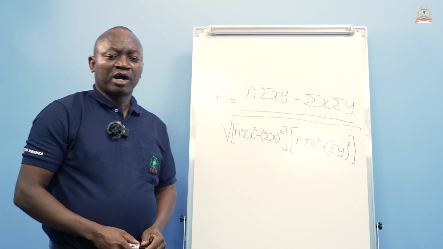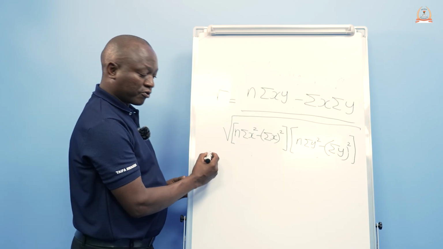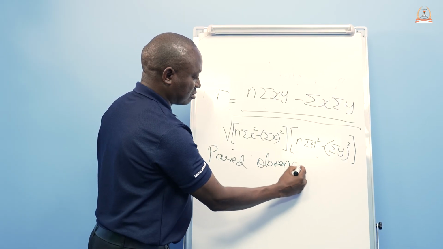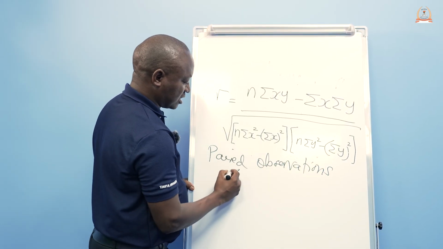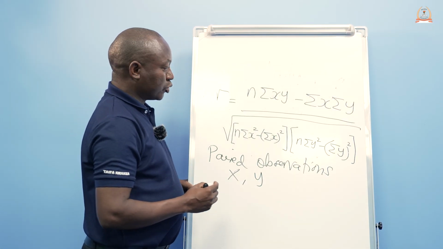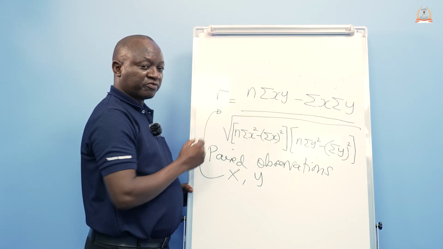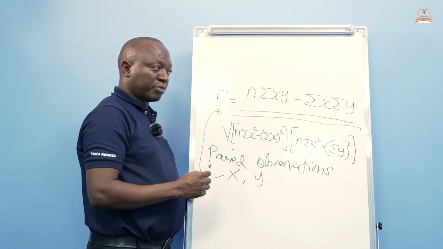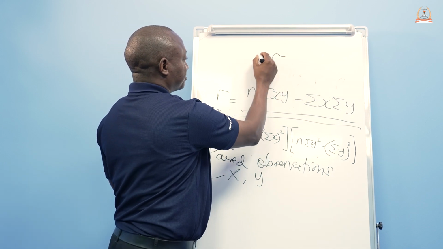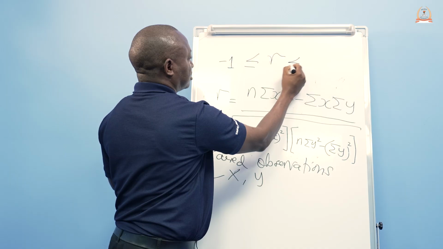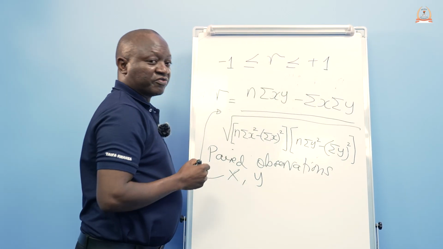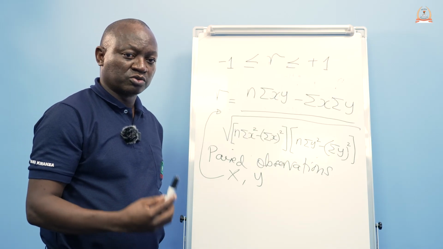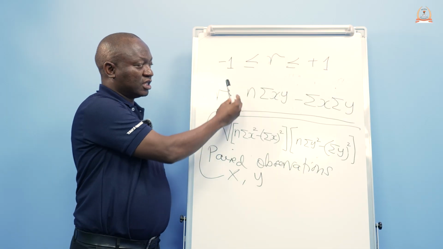If you have paired observations x and y, you can calculate the value of the correlation coefficient, which normally ranges between -1 and +1. And how do we interpret this?